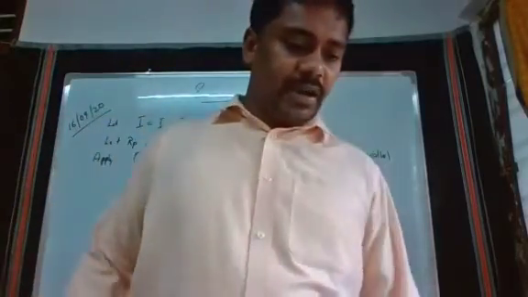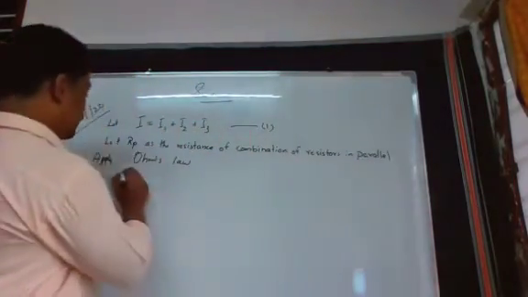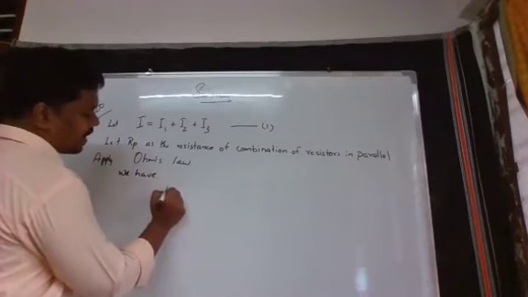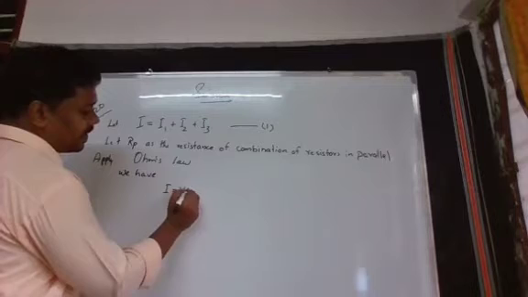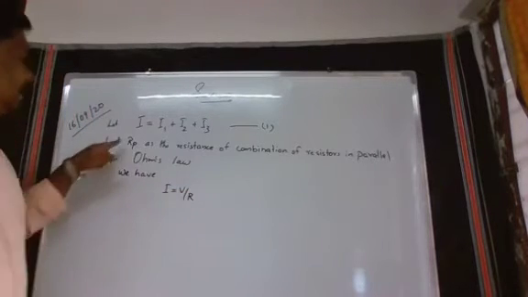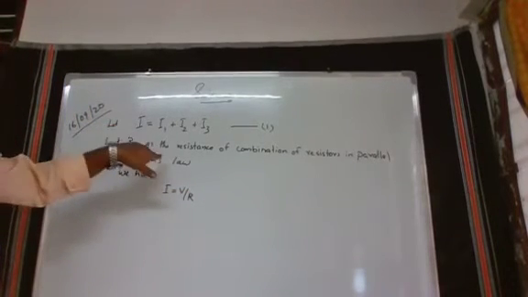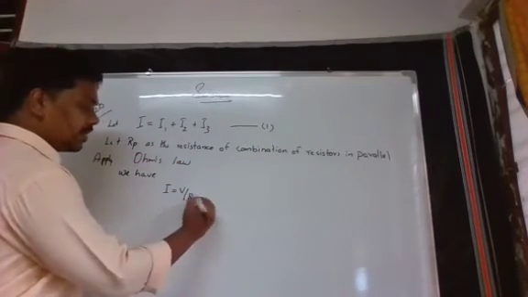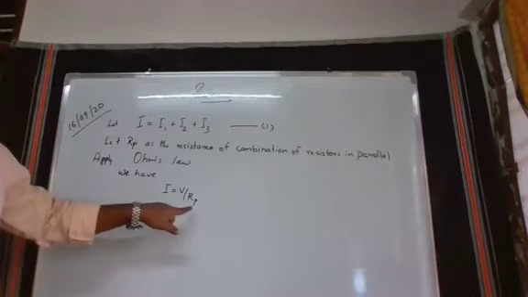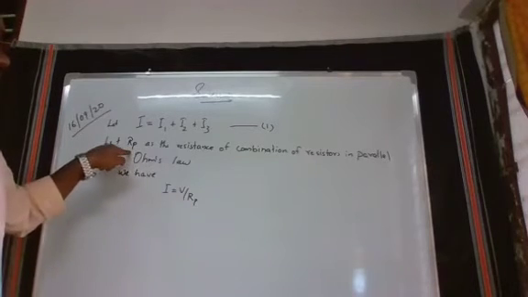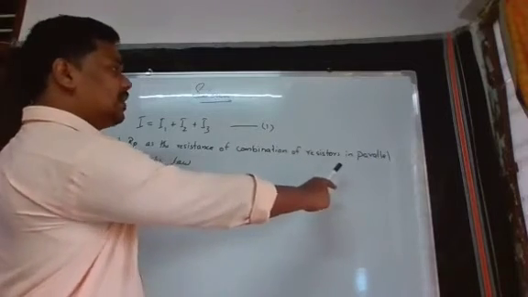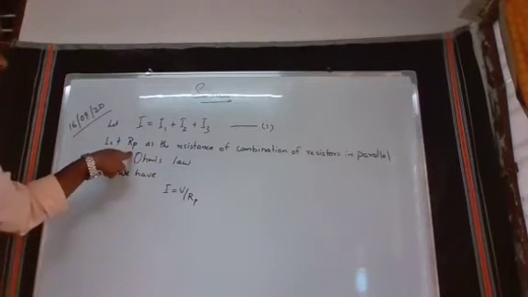What will happen? We have I is equal to V by R. So in the case of a combination of resistors in parallel, we just put a P over here: V by the resistance of the combination of resistors in parallel, which is RP.